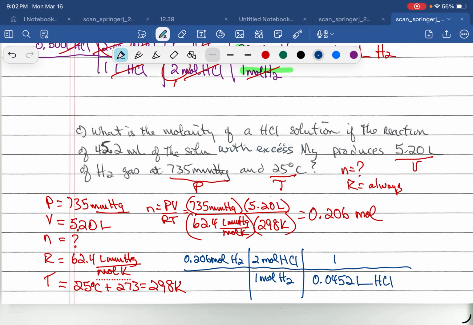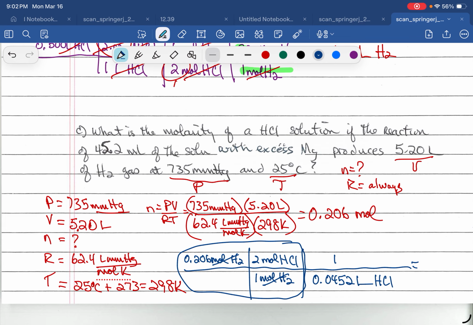Right, because if I stop here, I've got moles of HCl and moles per liter, right? Moles HCl per liter of HCl would be molarity of HCl. So I'll just stop at this point, punch everything into the calculator. 0.206 times 2 divided by 0.0452.